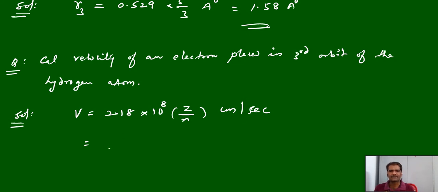We'll take centimeter per second here: 2.18 into 10 power 8, z atomic number 1 and third orbit. So you may get 7.2 into 10 power 7 centimeter per second approximately.